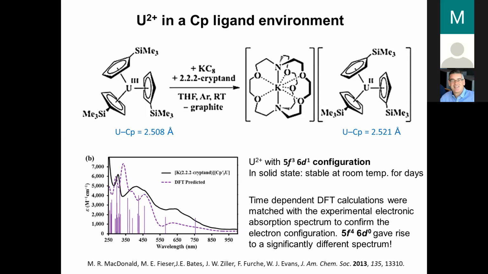But for actinides, things are pretty complicated. What they have basically done to identify the ground state is calculate a UV-Vis spectrum for the 5f3 6d1 configuration, which they expected for the SEP ligand environment, overlaid it with the experimental spectrum, and then did the exact same thing, calculating an electronic absorption spectrum for a 5f4 6d0 ground state.